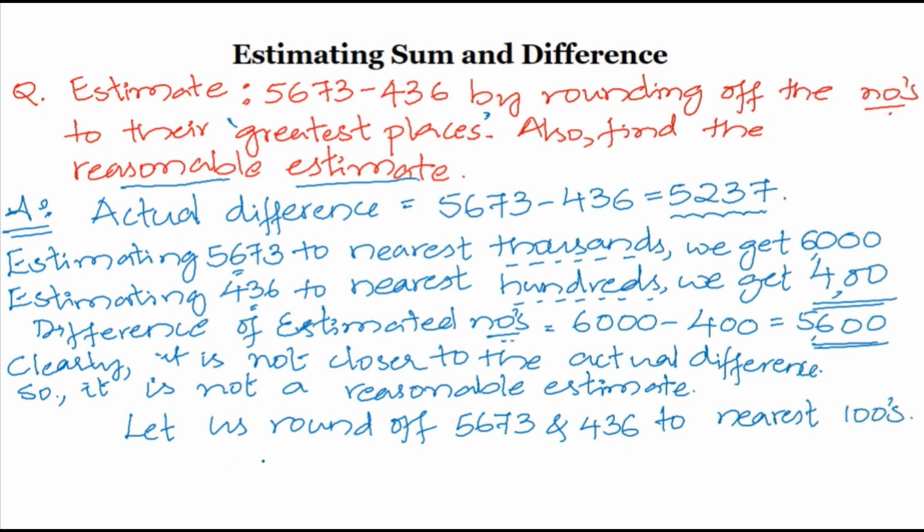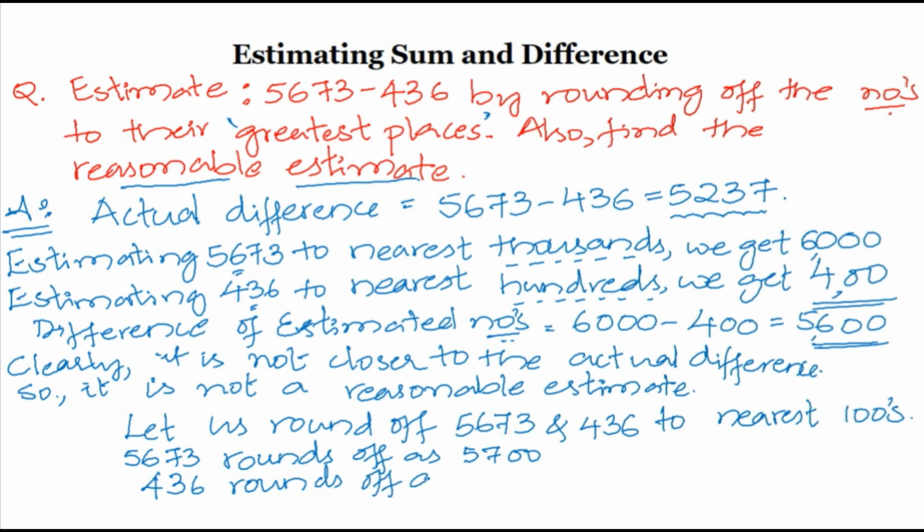Suppose if I round off both the numbers to the nearest hundred, what do we get? 5673 rounds off as 5700. 436 rounds off as 400, because we will be looking into the tens place.